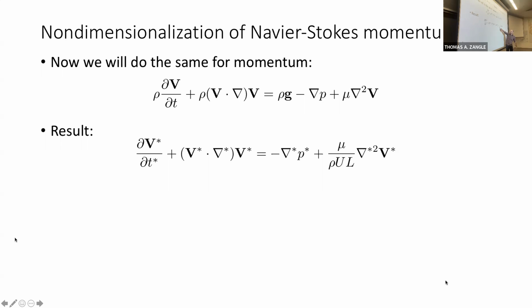This rho is the density of the fluid, right? And density times the velocity tells us something about the momentum of the fluid. So if we have a fluid parcel that's traveling through space at some given velocity, with some given density, this term here is telling us about the momentum of the fluid.